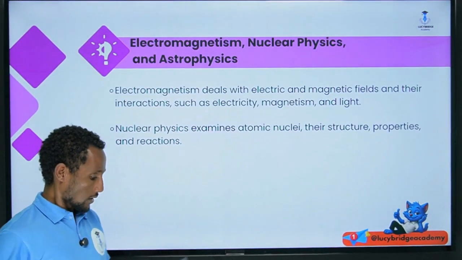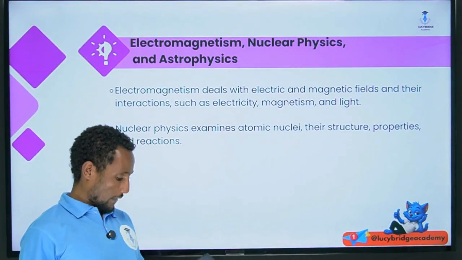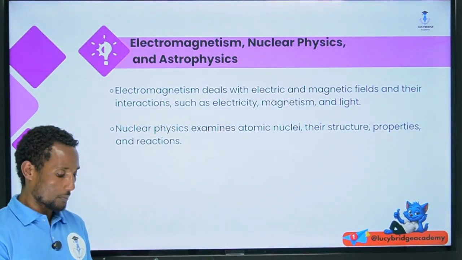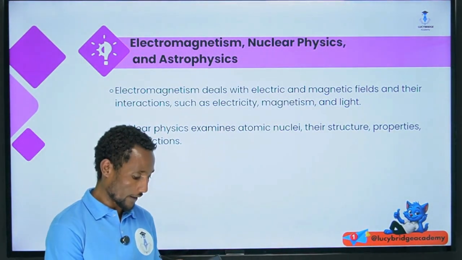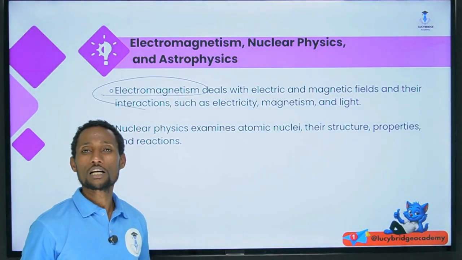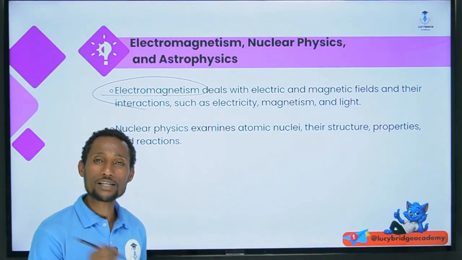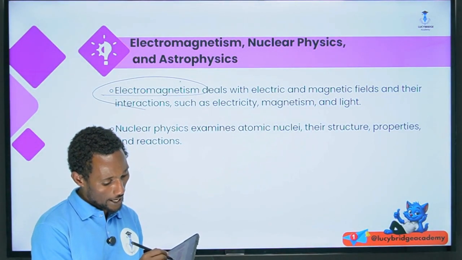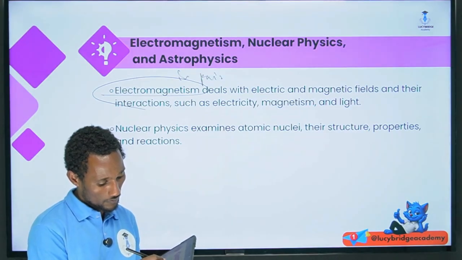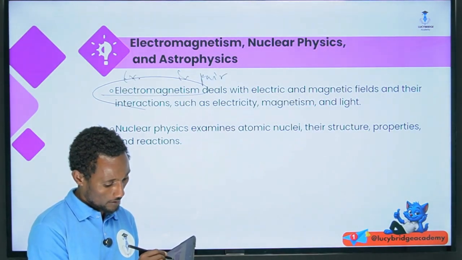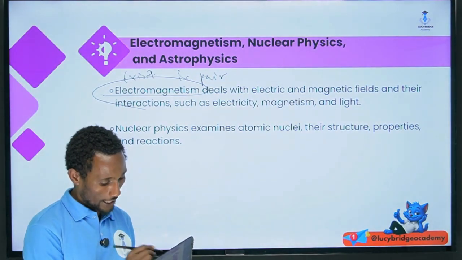And electromagnetism, which always exists in pair.